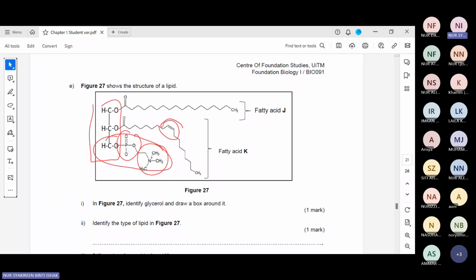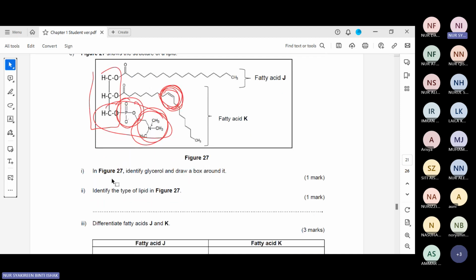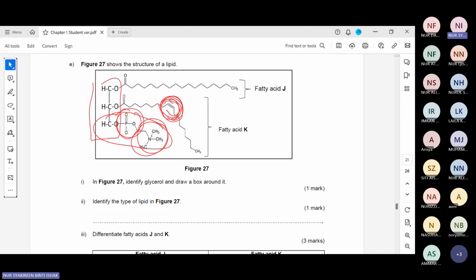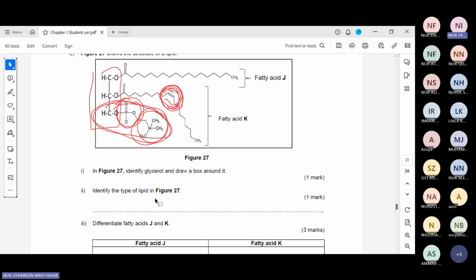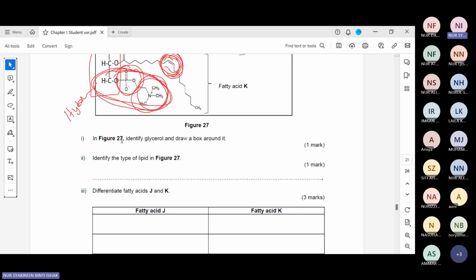You've been fooled like me, because you looked at this. But here there is phosphate and also choline. So it is a phospholipid molecule. Don't be fooled. Phosphate is bonded to a choline, it has negative and positive charge, and it forms the hydrophilic head. So this is a phospholipid.